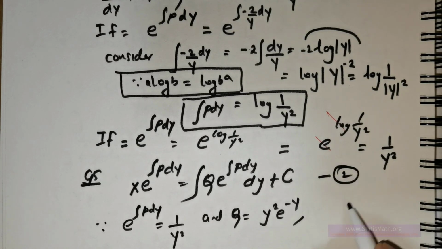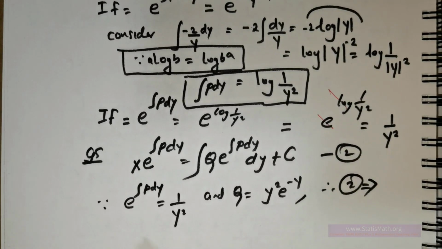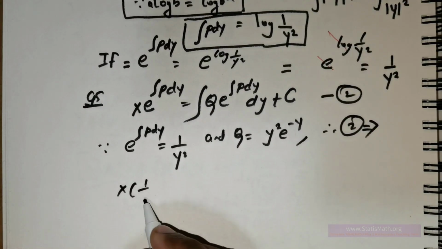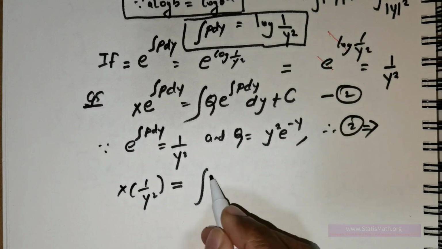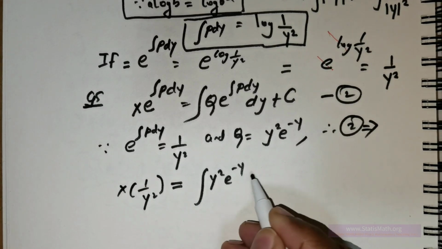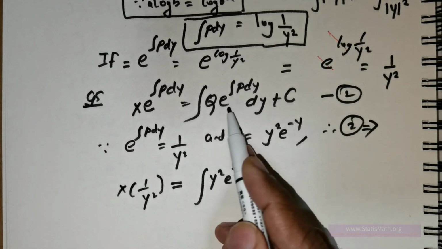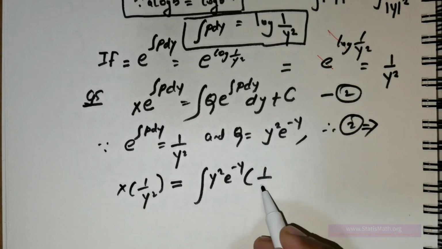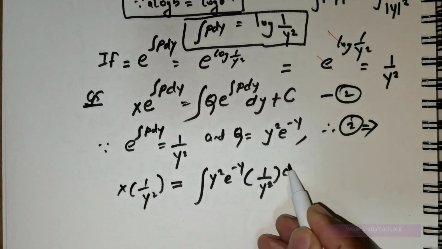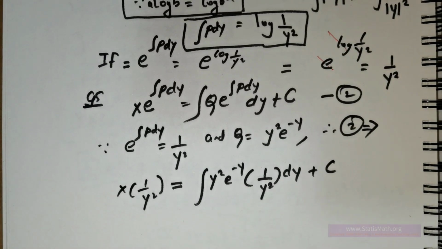Therefore this can be rewritten as x times 1 over y squared is equal to integral y squared times e raised to the power negative y times, in the place of e raised to the power integral p dy, I am going to have 1 over y squared times dy plus arbitrary constant c.